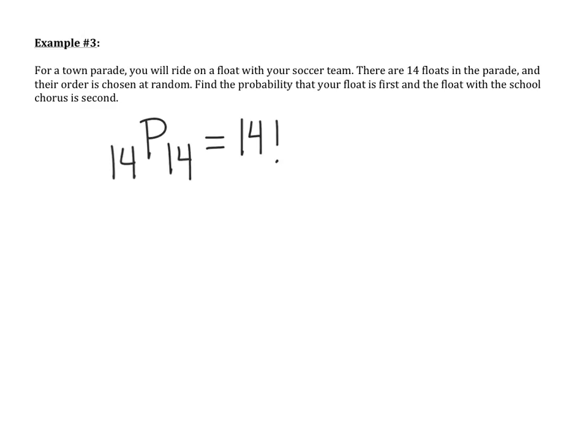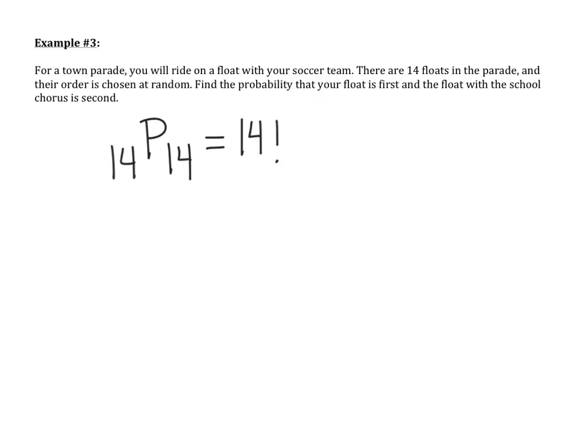Next, we'll find the number of favorable outcomes where our soccer team is first and our chorus is second. Because remember, probability is the number of favorable outcomes over the total possible outcomes on the bottom. So again, we're going to find the favorable outcomes. So remember, we want our soccer team to be first and the chorus to be second. So that leaves us with 12 other floats to fill 12 positions in the parade.